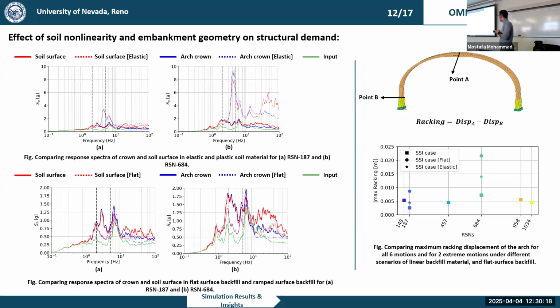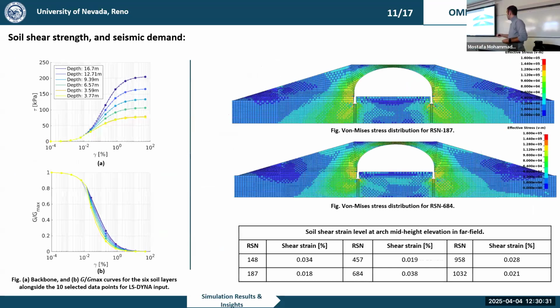And another thing is, this is actually for the SSI case. When we say that the racking is only 5 millimeters, if you remember, we had the shear strain here. This value of shear strain in the far field, by taking into account the height of our soil, is equal to around 1.5 millimeters.